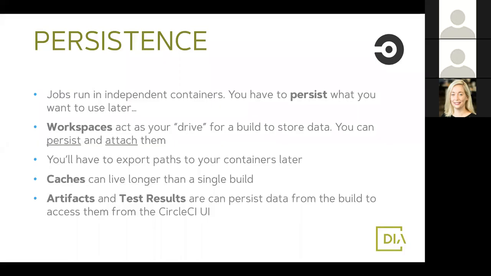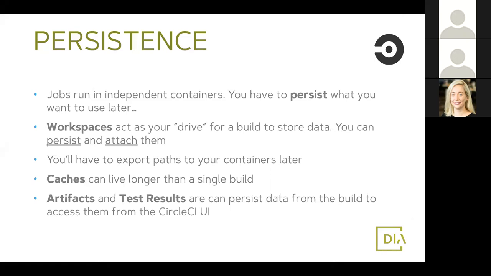So to wrap up persistence, there are four ways to persist things from your jobs. I told you about the workspaces that act as kind of a drive, hard disk, or whatever name you choose, to store data that you have created in one step and one job, and use them in another job or another step.